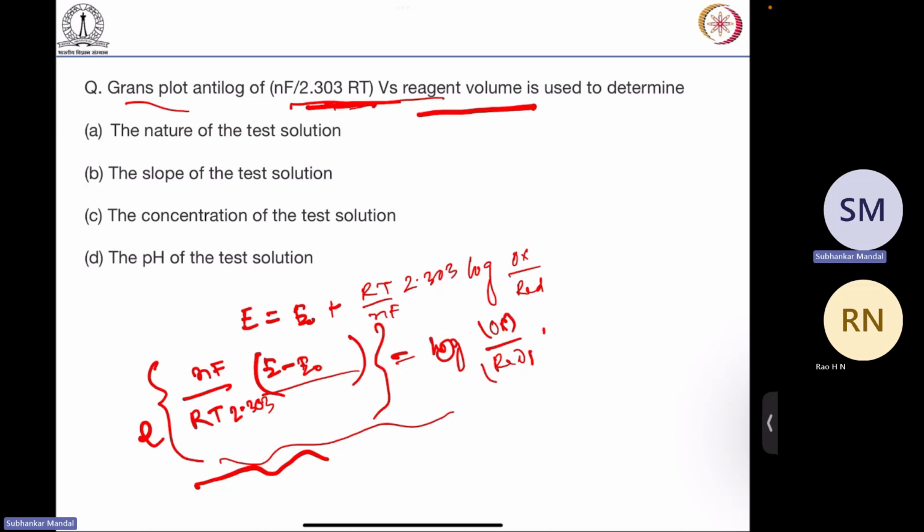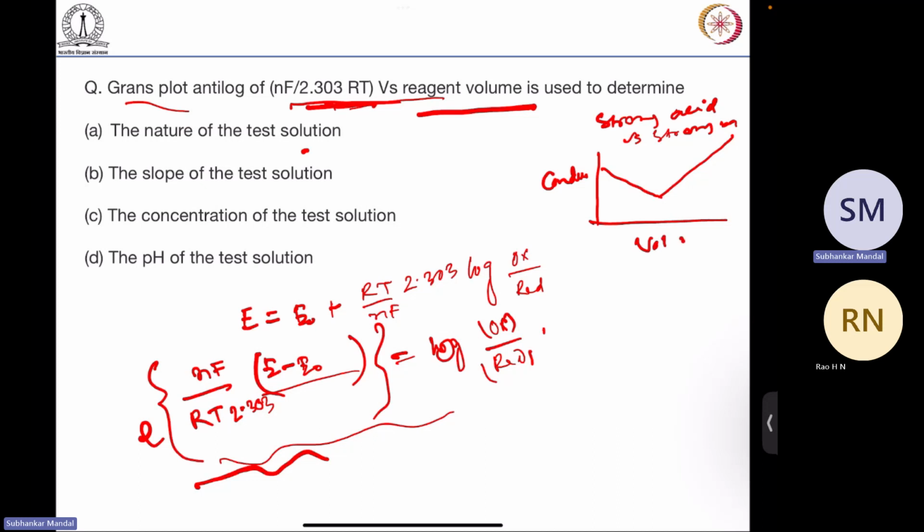For the nature of the test solution, I can take one example: you have done acid base titration, no? It will be like this. Suppose strong acid versus strong base. It will be like this. This is the conductance value and this is the volume of the NaOH.